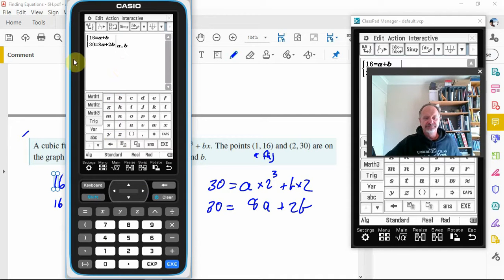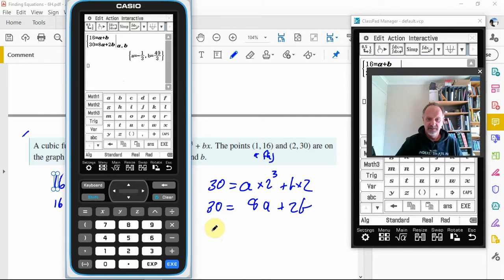As long as you've got an equation, you can do it. Then at the end here, you'll notice I've put a comma b. Sometimes it's necessary, sometimes it's not. I just always put it in just in case. And then you go exe, and there we go. A is negative a third, and b is 49 on 3.